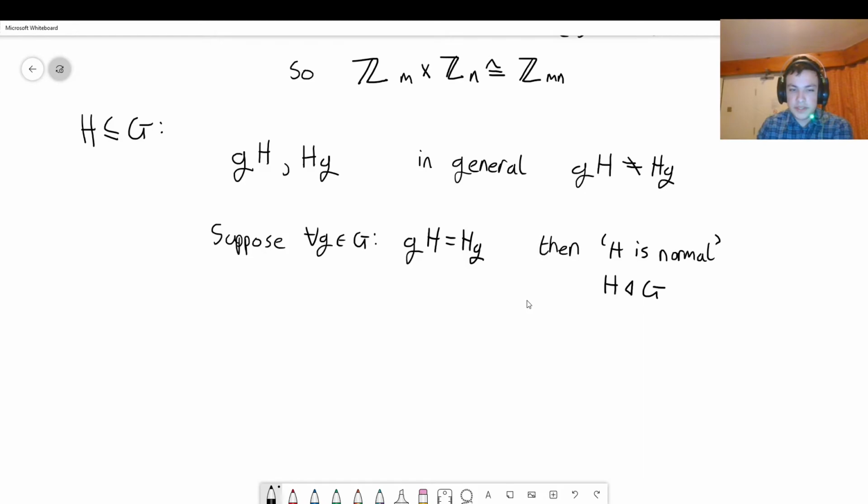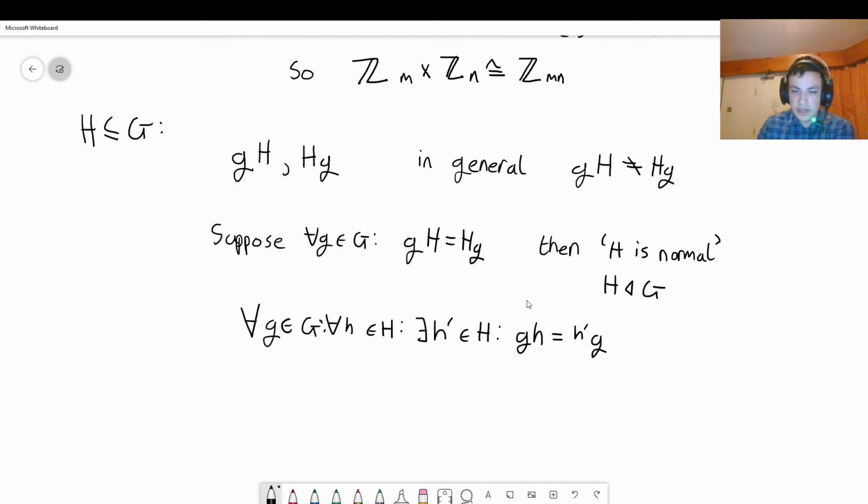Okay, and so what that means is that for all g in G and for all h in H, there exists a second element h dash in H such that gh is equal to h dash g, i.e. if we pre-multiply by g inverse, h is equal to g inverse h dash g, and we can do this the other way around.